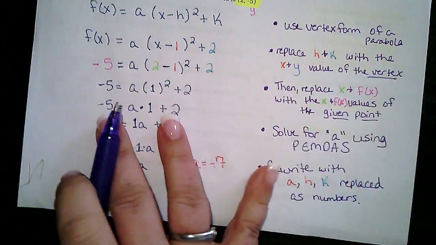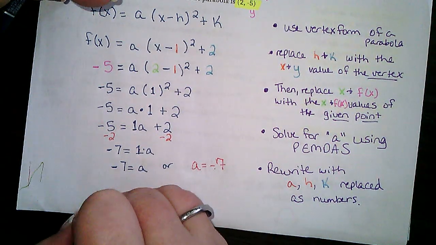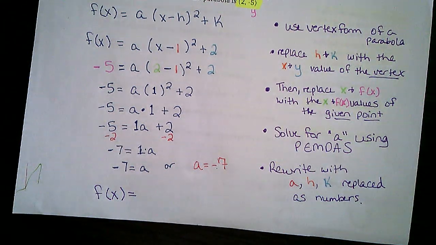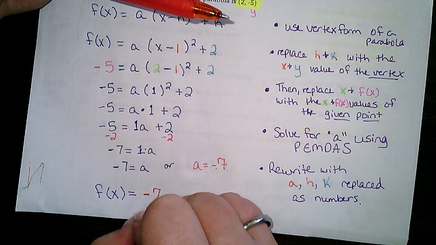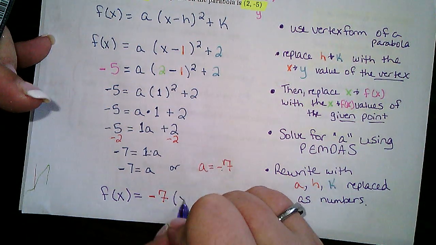The only things that get to stay from this original are f of x and x. So we'll have f of x equals, the A gets replaced. Our A was -7, parentheses, x.